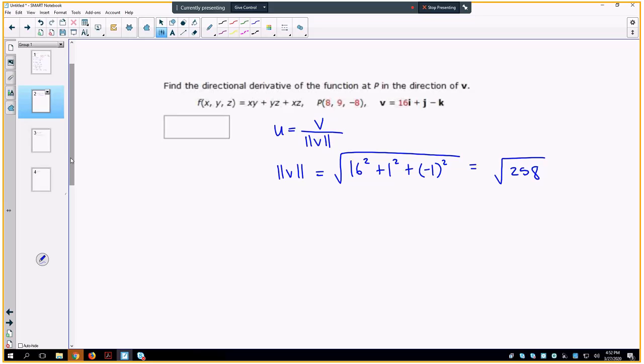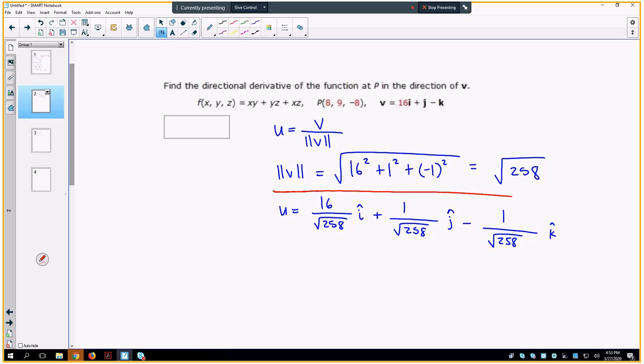That means that our vector u is going to be 16 divided by the square root of 258 i cap, plus 1 divided by the square root of 258 j cap, minus 1 divided by the square root of 258 k cap. So that's one piece of our puzzle.